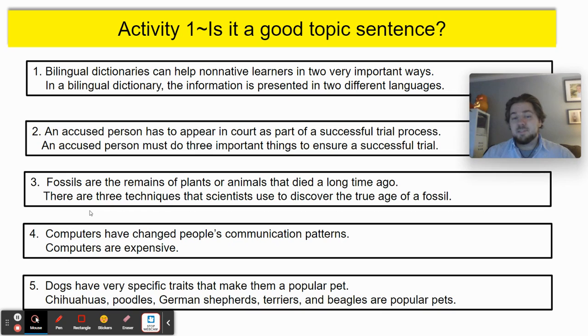Again, this is a good topic sentence, whereas the following sentence, Chihuahuas, Poodles, German Shepherds, Terriers, and Beagles are popular pets, that's simply a fact. So what's important to remember is if it is simply a fact, it is probably not a good topic sentence. You want your sentence to basically give a precursor to what the paragraph is going to talk about.